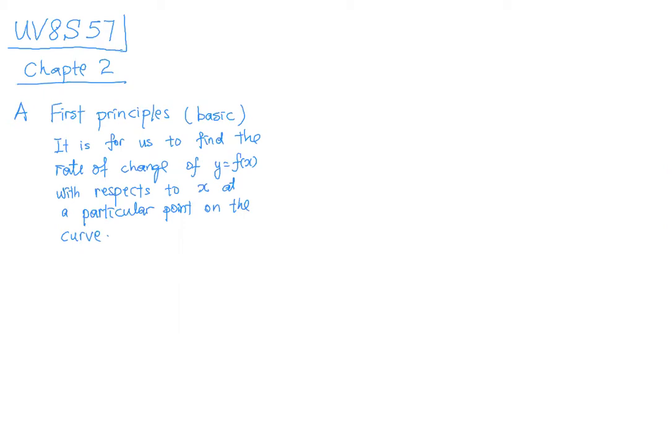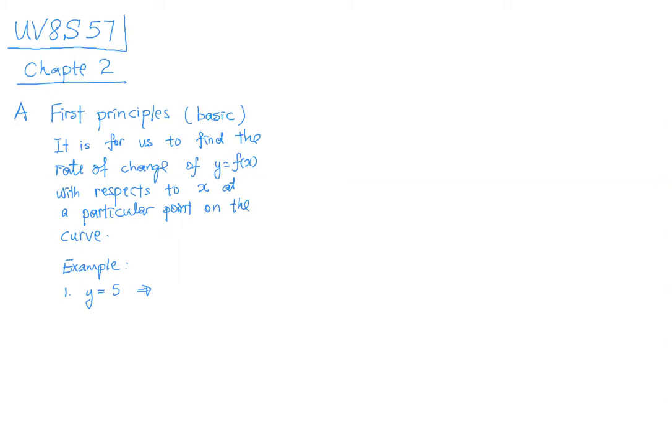So that means if I have a function, for example, I call it f. First one, y equal to 5. So you tell me, what is the rate of change of y with respect to x?